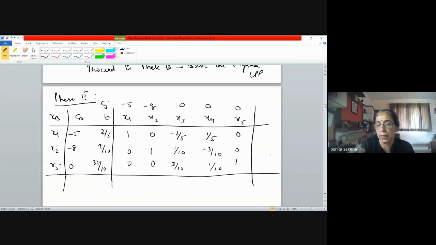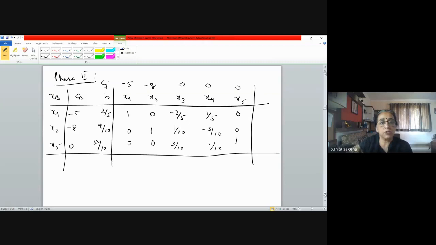Yes, ma'am. Now we compute our Zs and Zj minus Cjs because they will change, because our coefficients Cjs have changed. Therefore, my Z will also change. So now your Z dash will be -5 into 2 by 5 plus -8 into 9 by 10. So that makes it how much?